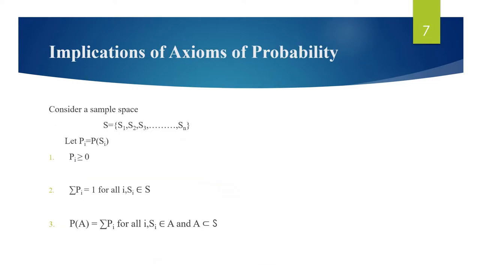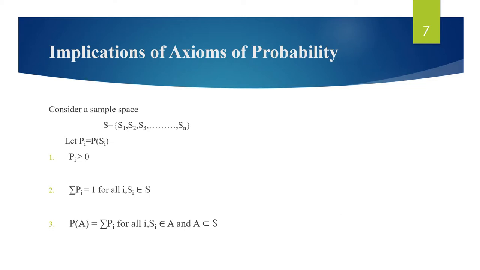So let's move on to the next topic, which is implications of axioms of probability. Consider a sample space S equal to S1, S2, S3 up to Sn. Now let Pi equal the probability of Si, where Si is an element of the sample space S. The first implication of the axioms of probability is that Pi is greater than or equal to 0.